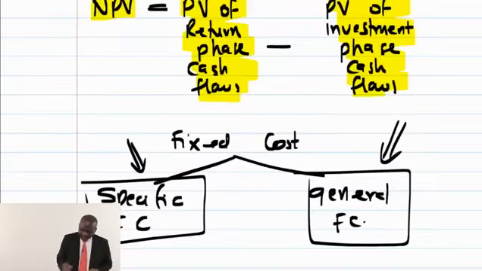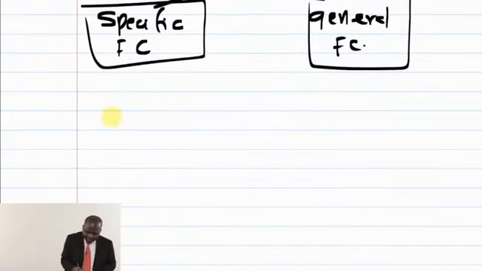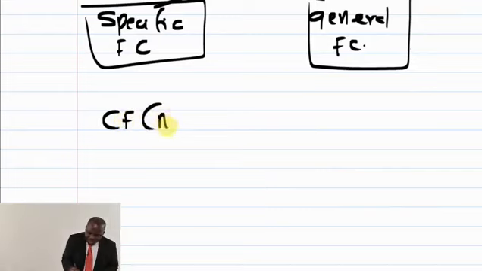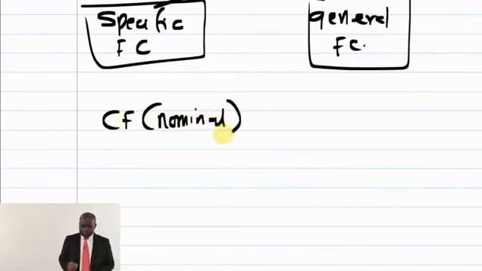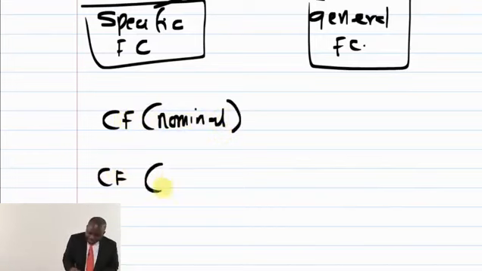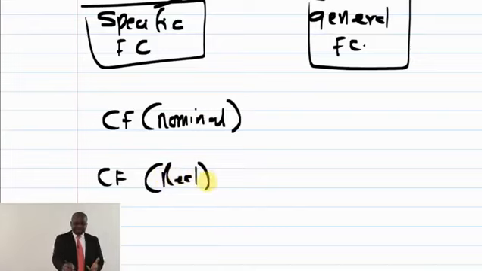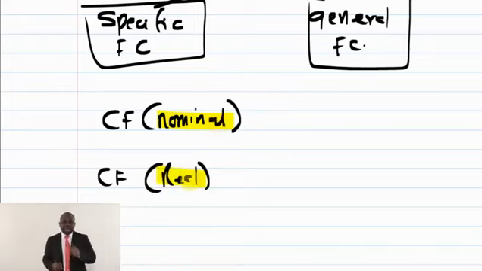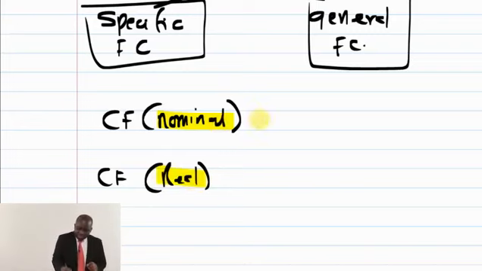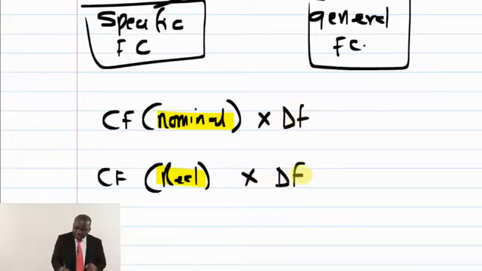So if the cash flows are nominal or the cash flows are real, we all said if it is nominal, it means we have inflated the cash flows. If it is real, it means we haven't inflated the cash flows. The discount factor that we would have to use to discount the cash flows should be the appropriate.